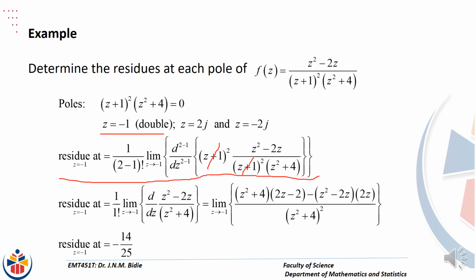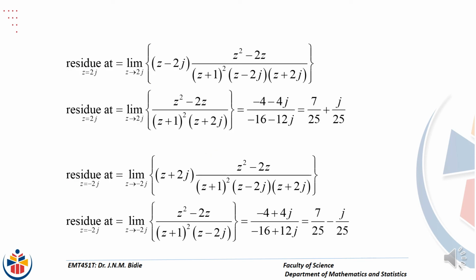Now the next part is to find the residues for the simple poles. Recall that for simple poles we don't have the derivative. It's just the limit as z approaches 2j of the factor that gave you that pole multiplied by the original function.